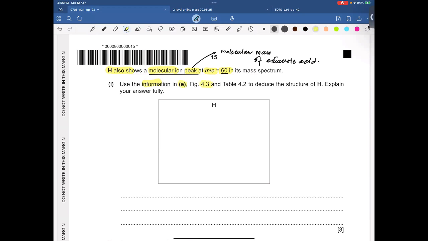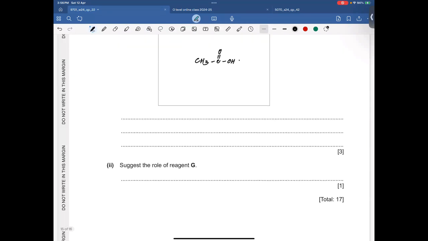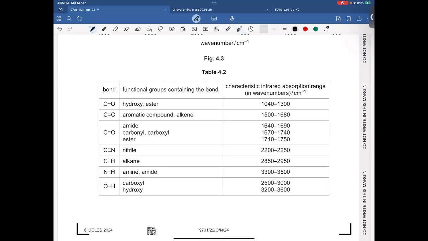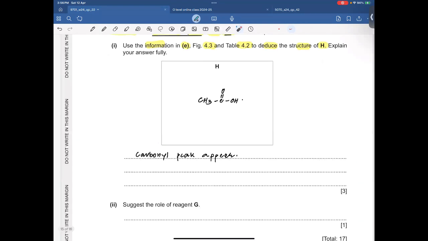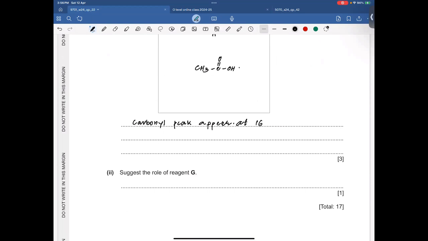Use the information in figure 4.3 and table 4.2, deduce the structure of H, explain your answer. H is ethanoic acid. Carbonyl peak appears. अच्छा, carbonyl की रेंज देंगे हम. This is carbonyl and its range is 1670 to 1740 centimeter inverse.